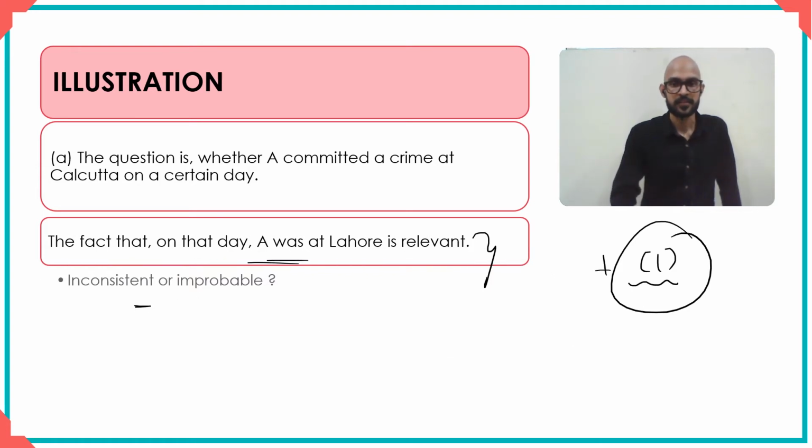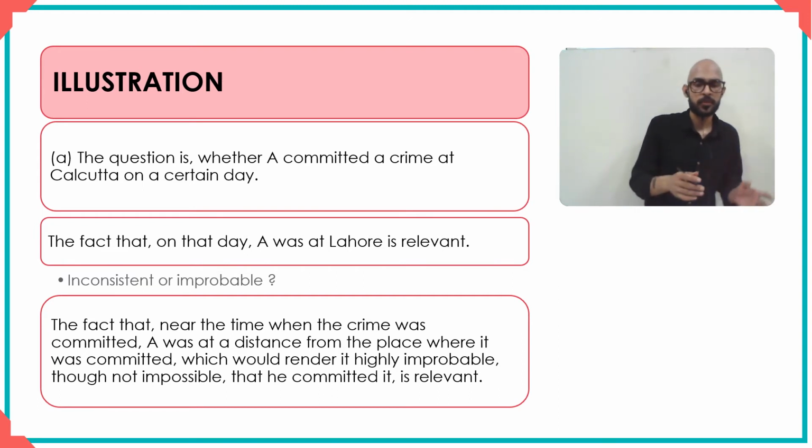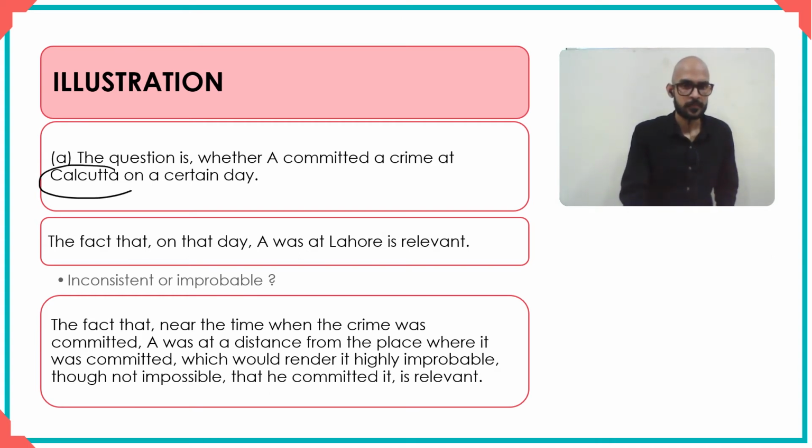Let's look at this thing a little further. The fact that near the time when the crime was committed, A was at a distance from the place where it was committed, which would render it highly improbable, though not impossible. So let us say the murder was committed in Calcutta, okay, but maybe A was in Assam.